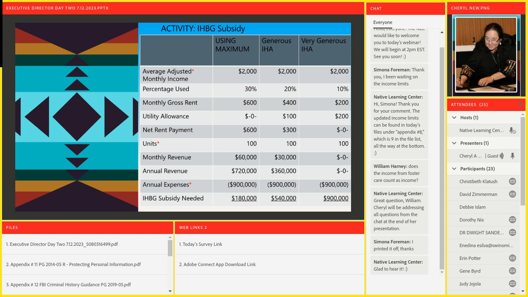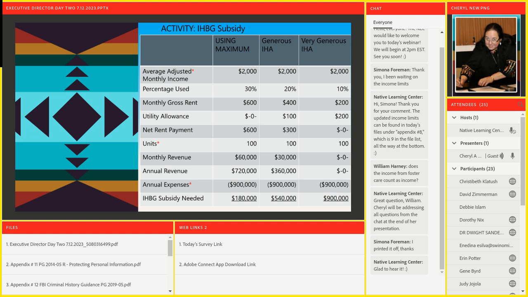So that average adjusted income across the board, we figured $2,000. If we're going to charge the max at 30%, their monthly gross rent is $600. This time we're not going to give a utility allowance, so their net rent payment is $600. Multiply that times 100 units.